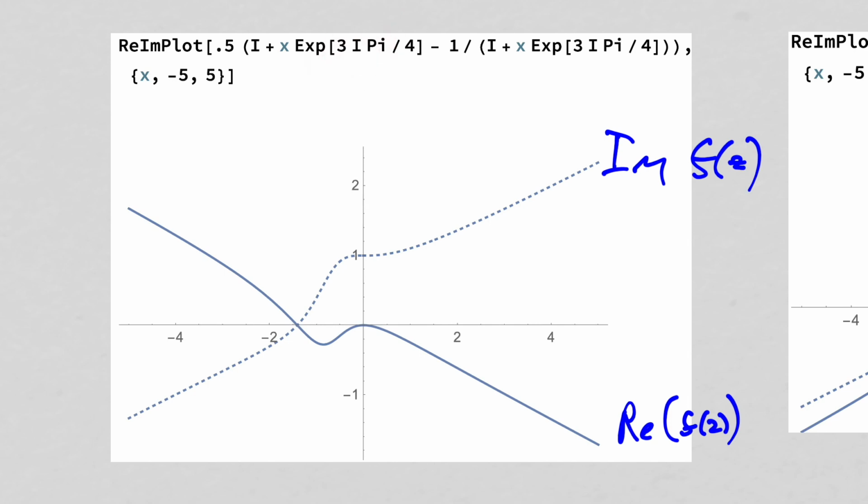Look at the imaginary part. The imaginary part does exactly what it's supposed to do. It goes up, it levels off, so it's totally stationary right here, and then it starts to change. And the real part does exactly what it's supposed to do. It has a local maximum right at i.